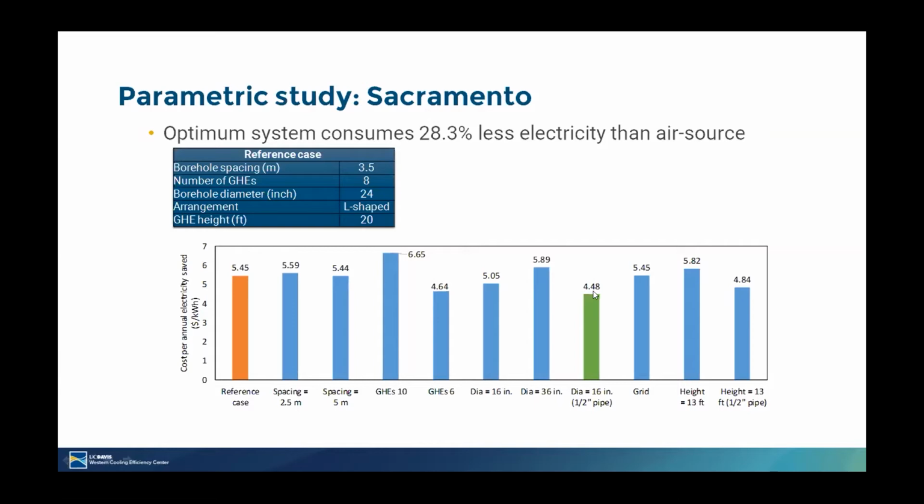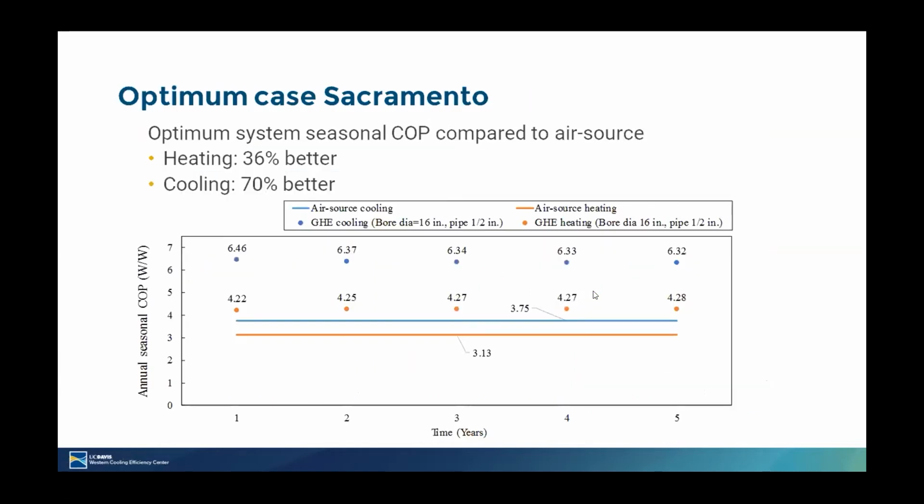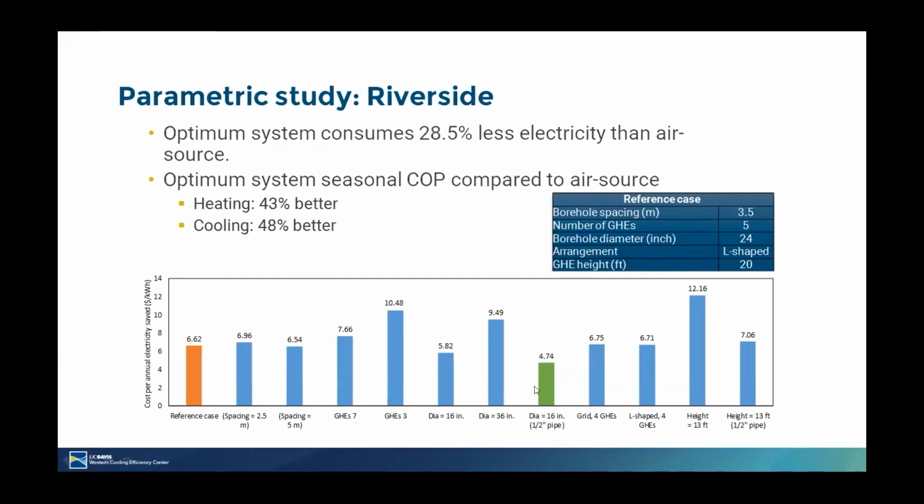That is $4.48 here, whereas for this case, it's $4.74. So it's interesting that even though the number of GHEs is higher in Sacramento, the cost per annual electricity saved is lower for Sacramento than Riverside.